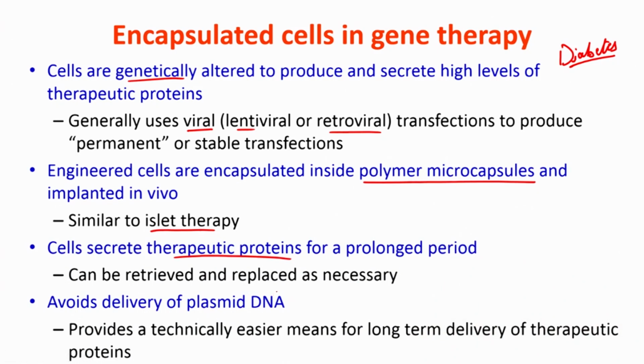If you want them to be retrievable, you can have them in some macro device which you can just take out. This way you can avoid delivery of plasmid DNA, which we will cover in our next module. It is a much longer-term solution than delivering plasmid DNA, and we will come back to plasmid DNA in 1 or 2 classes.